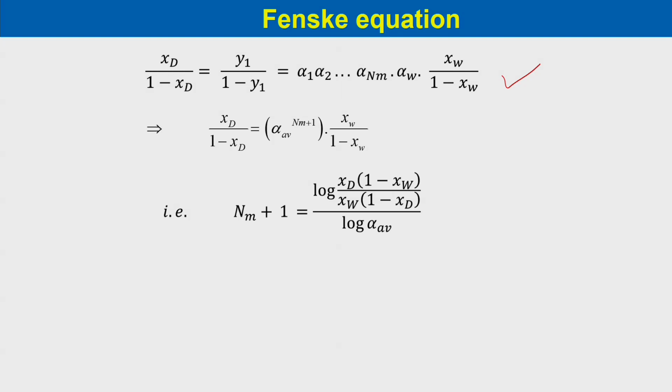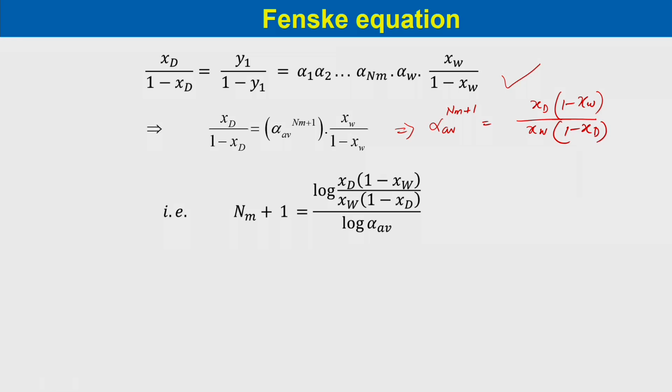If we just rearrange this equation, alpha average to the power nm plus 1 is equal to x_d into 1 minus x_w divided by x_w into 1 minus x_d.